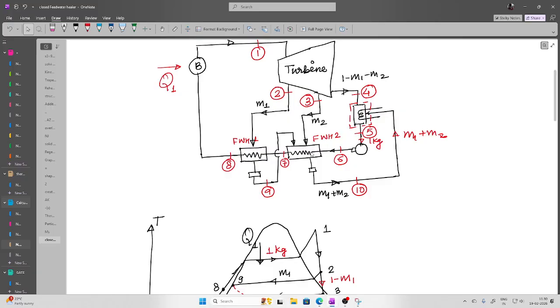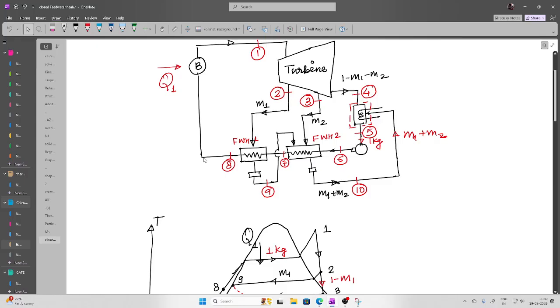But the benefit in comparison to direct contact is that in direct contact feed water heaters, which are also called deaerators, we have to use one extra pump, and that costs a lot. Whereas in case of indirect contact, though we are not getting that amount of energy, we are still not using that pump, because the line pressure is not changing. So this is basically the benefit.